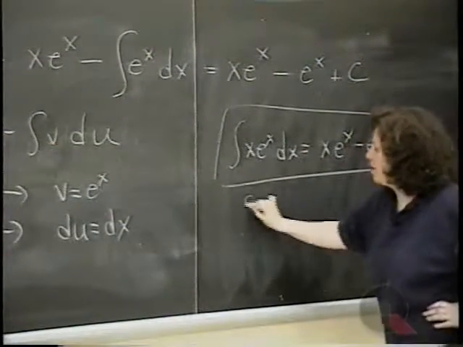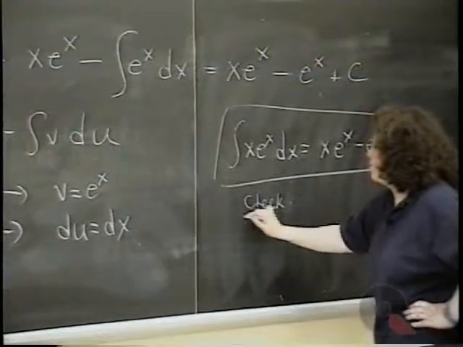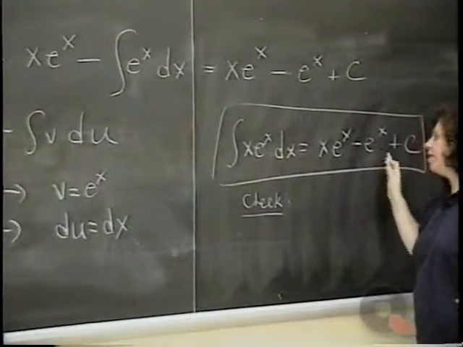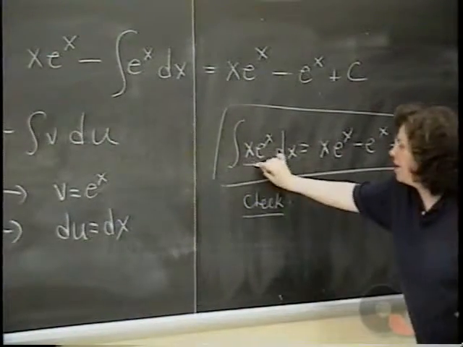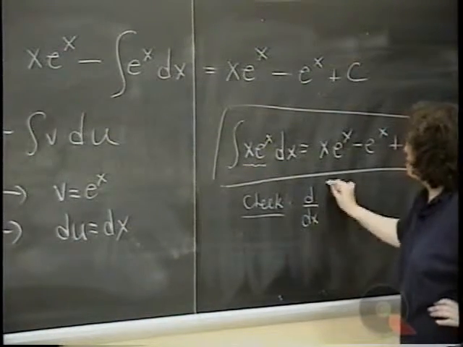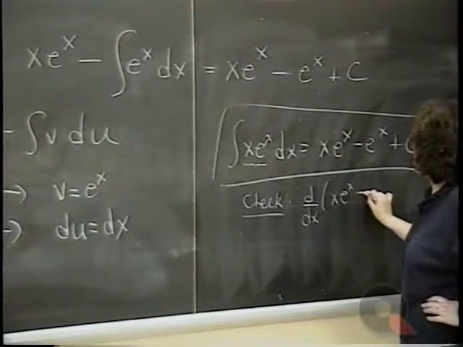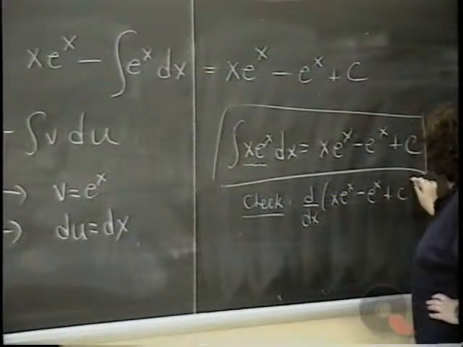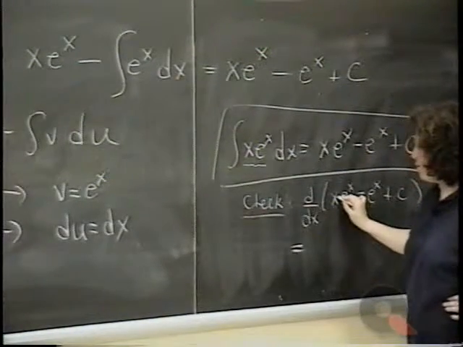And we can check. How does one check an answer? We simply differentiate the right-hand side and see if we actually get x e to the x. So the derivative of x e to the x minus e to the x plus c would be, well, here we have a product.